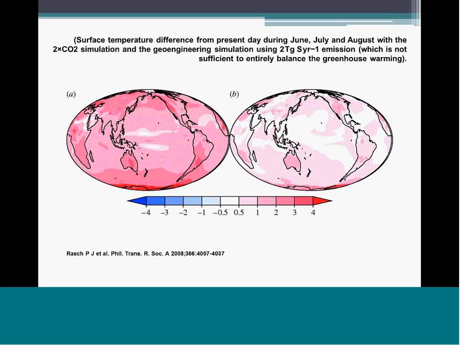It would also delay recovery of the ozone layer, which had been devastated by ozone depleting substances and is now starting to rebuild as a result of the Montreal Protocol, the international treaty that we had to phase out these substances. It delayed that recovery by 50 to 70 years.